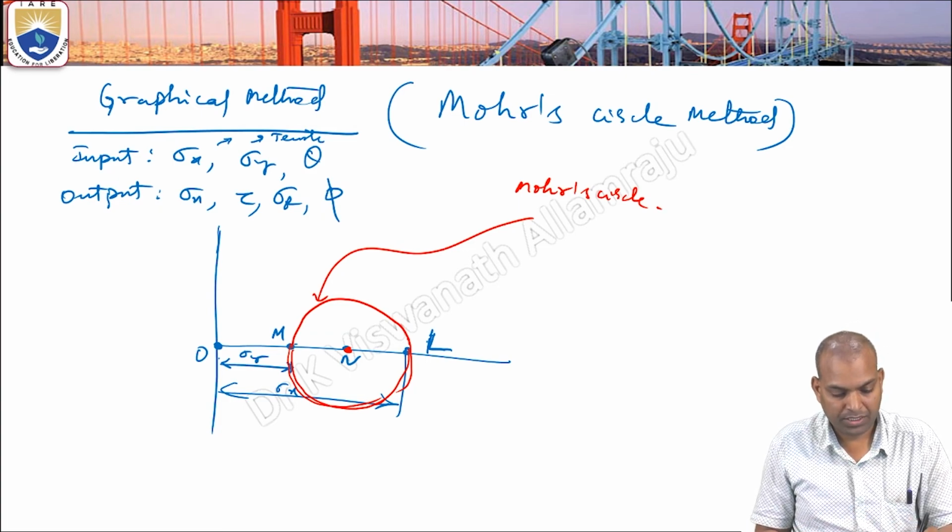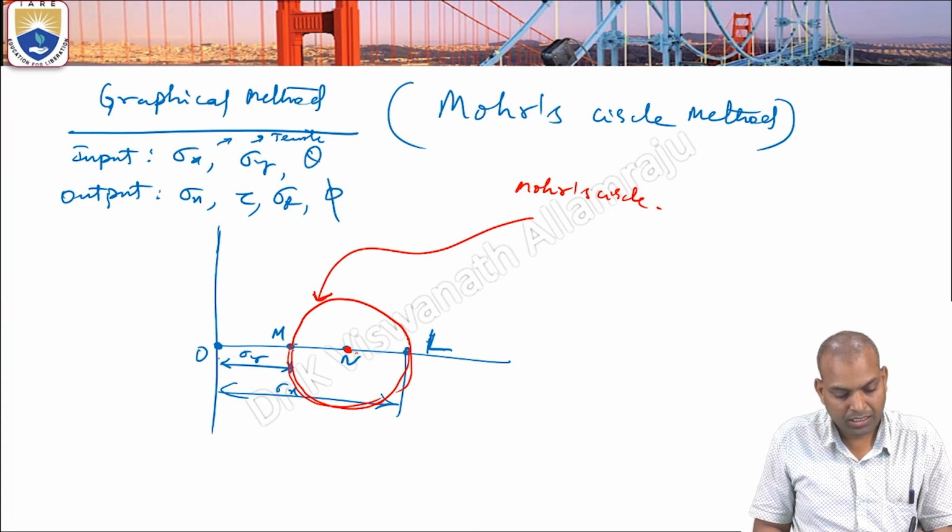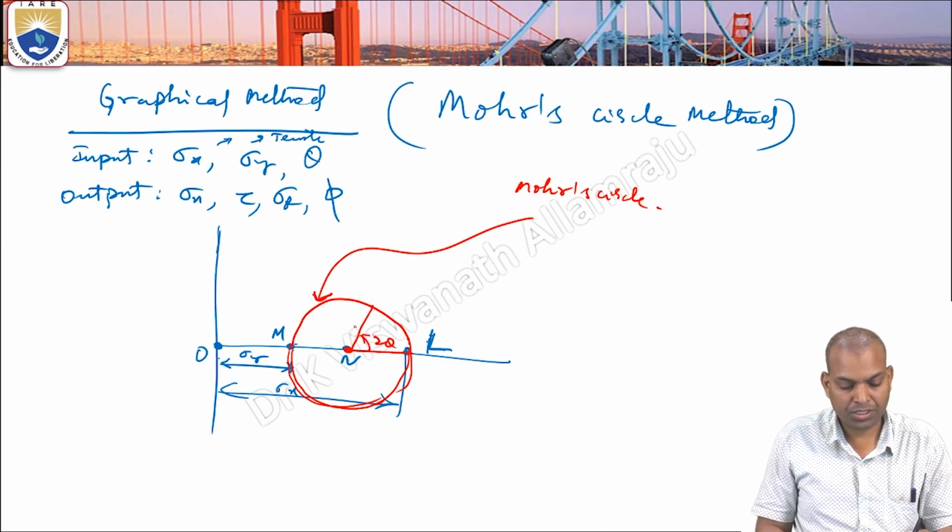Next, from this point N, take 2 theta as the angle of inclination.